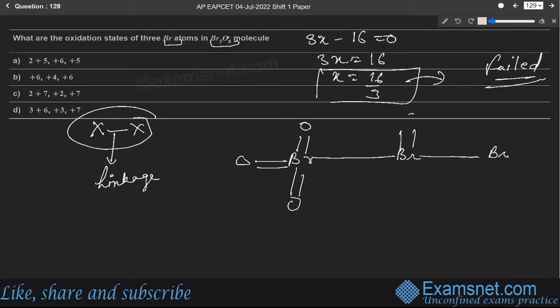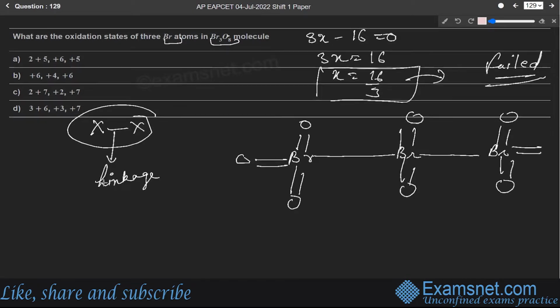And then plant oxygen, oxygen, then again oxygen, oxygen, and then one more oxygen. Now every oxygen is in the -2 state here, right? I guess everybody knows this. So now it's pretty easy to solve.